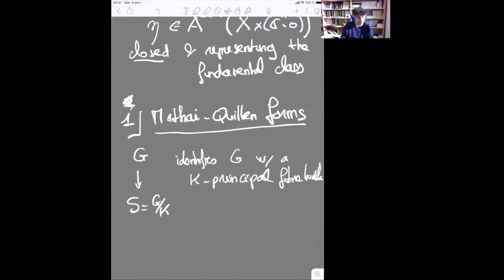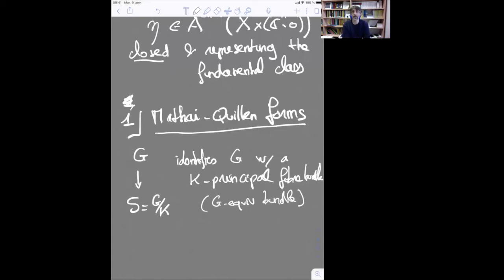And there is, of course, a natural G action of G on itself, and the natural G action of G on the quotient G mod K. So it's a G equivariant bundle.